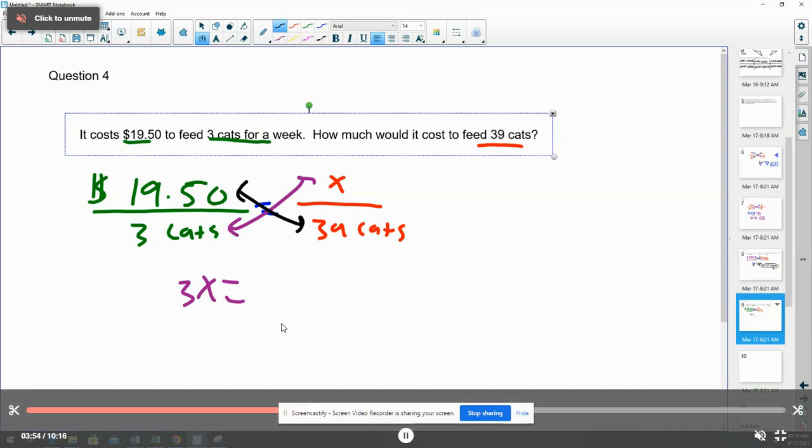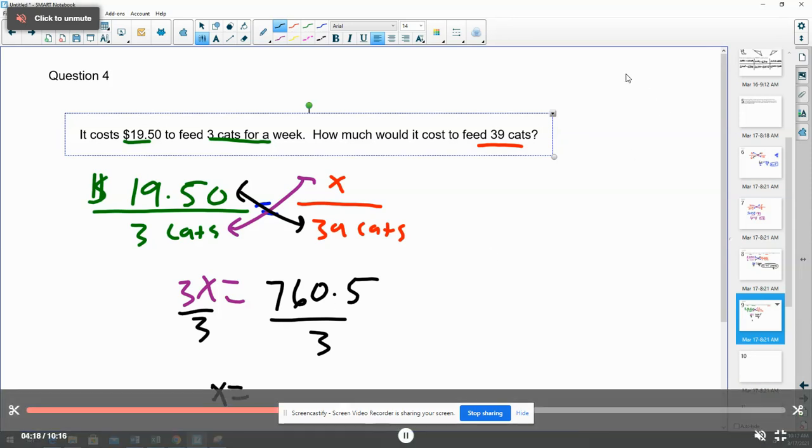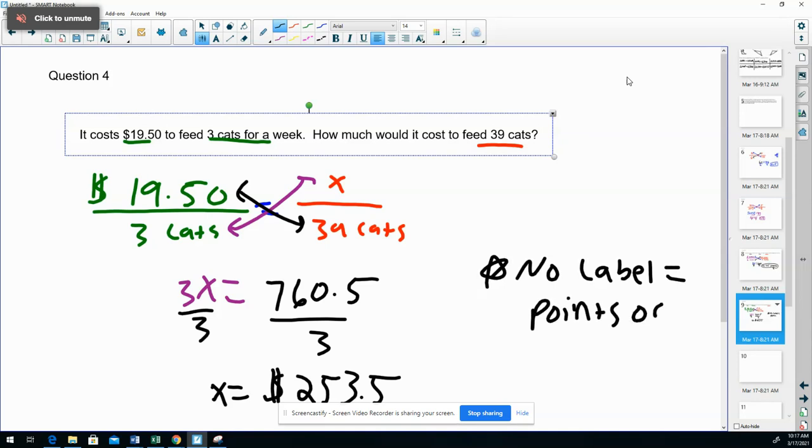Don't be afraid to use a calculator. $760.50. Divide by 3. And we get x equals $253.50. And remember, no label equals points off.